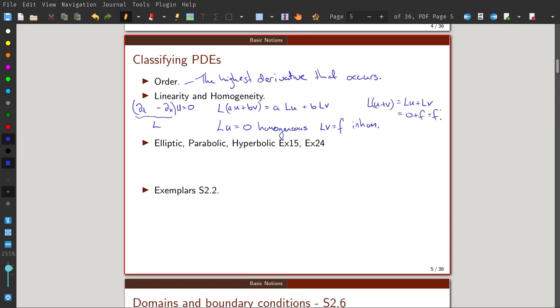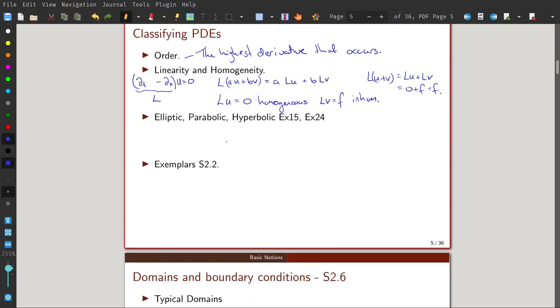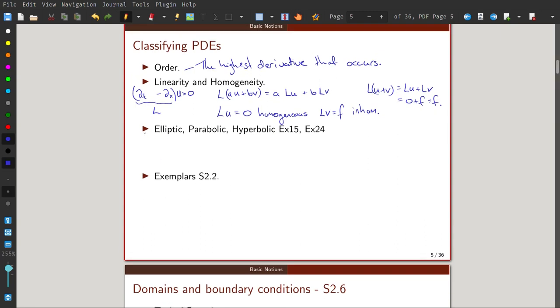Yeah. So among second order equations, there is a further classification into elliptic, parabolic, and hyperbolic. So the first thing to understand this further classification is we should write down a general second order differential equation.